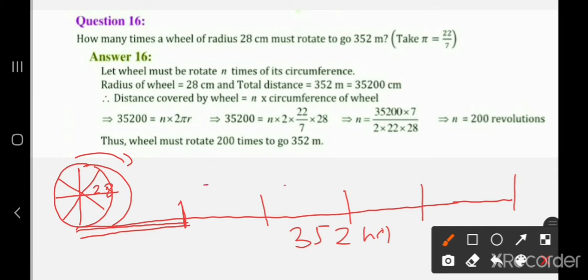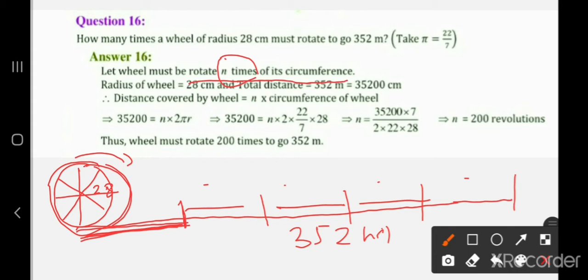We will take it as n times its circumference. One rotation means this length will be the circumference of this circle. How many circumferences will it take to cover 352 meter? That we don't know, so we take it as n times.